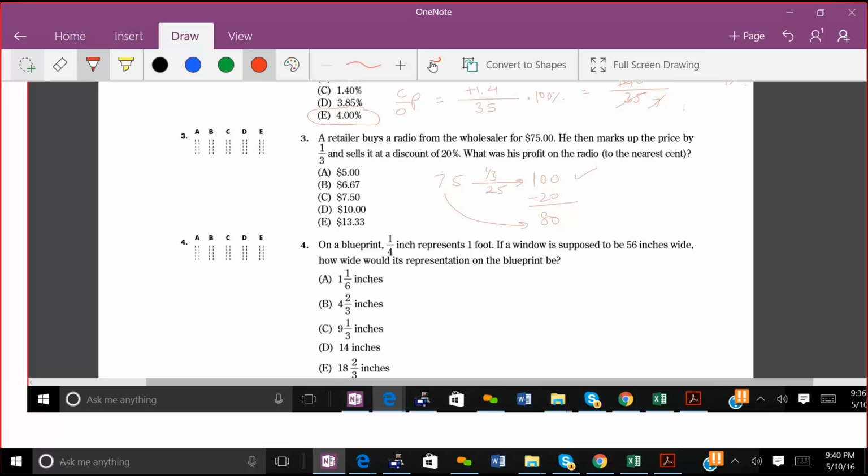If a window is supposed to be 54 inches wide, how wide would its representation be on the blueprint? 56 inches is how many feet? 56 inches is 4 2/3 feet.